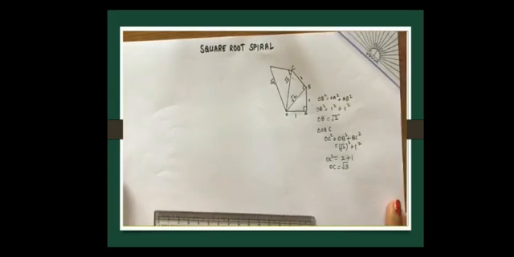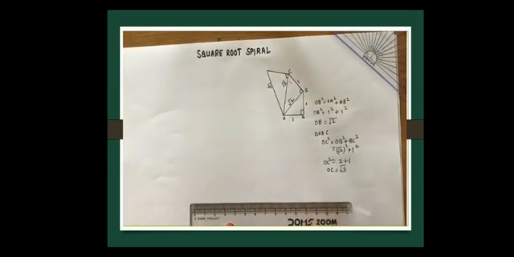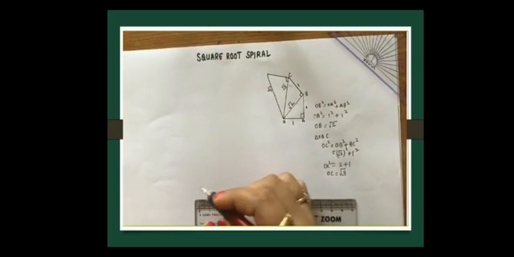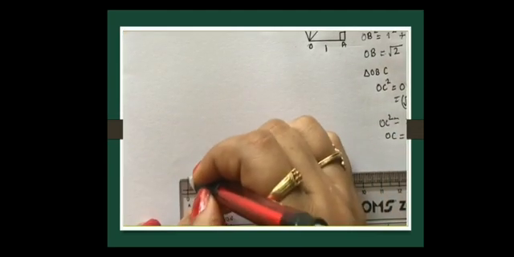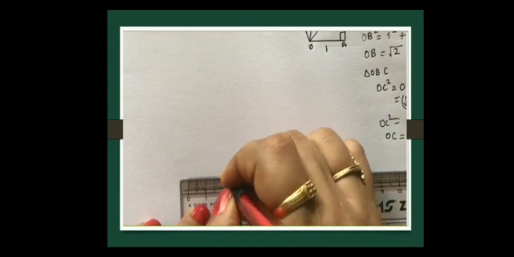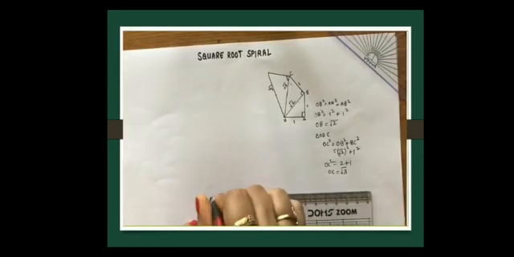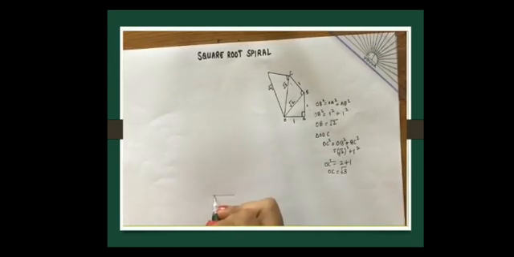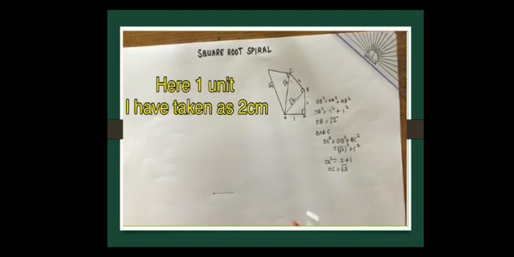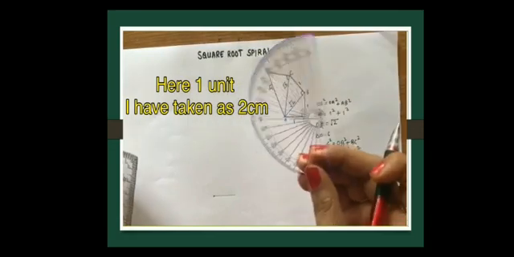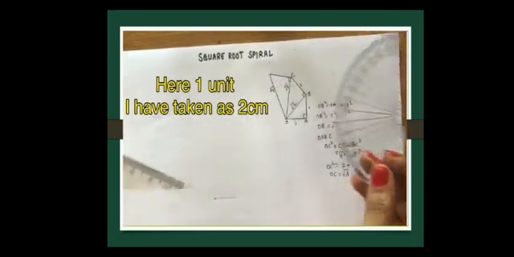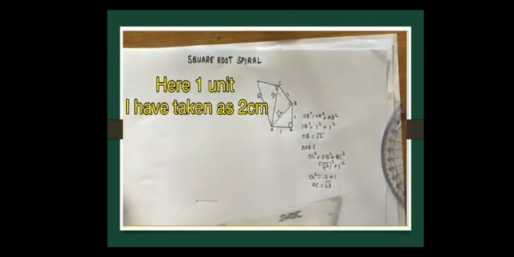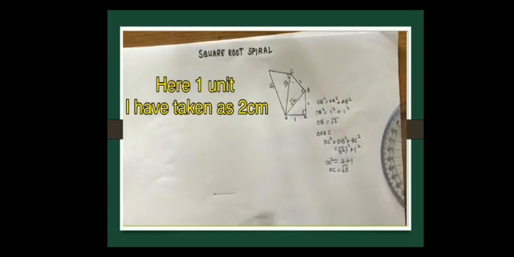So again, how to start? I am starting the construction. I am taking the base as 2 units. So this is my point O, and on this I will start with making a perpendicular. Again children, you can either use your protractor or set square. I am comfortable, it is easier.